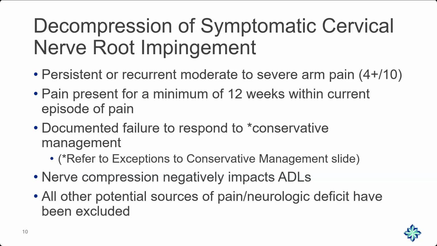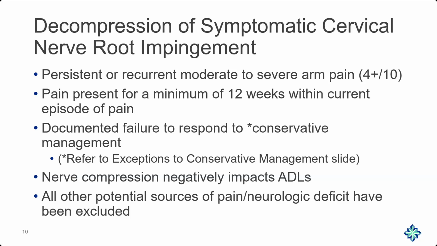So, persistent or recurrent moderate to severe arm pain, so 4 or more on the visual analog scale. We're going to look for this arm pain. We're also going to look that pain has been present for a minimum of 12 weeks within that current episode of pain. We're going to look in your documentation for documented failure to respond to conservative management, in the absence of some exceptional circumstances, which we'll discuss later. We're going to look for the nerve compression that negatively impacts the activities of daily living.